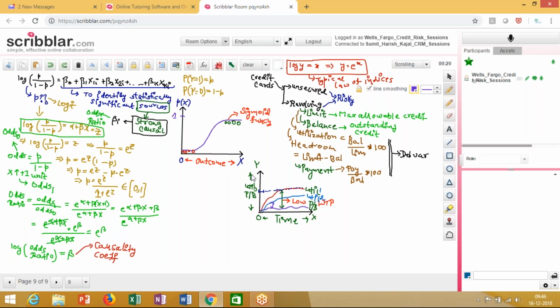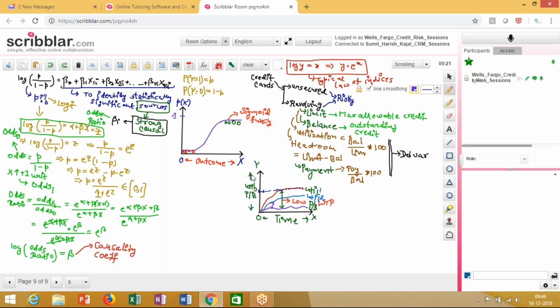So this is precisely what the framework is, right? So that's one. The next part that we have over here is that to assess the willingness of a borrower to pay, these two are very critical variables, right? So if I want to capture the willingness of a borrower to pay, the higher the willingness to pay, the lower is the probability of default. Conversely, the lower the willingness to pay, the higher is the probability of default, right?